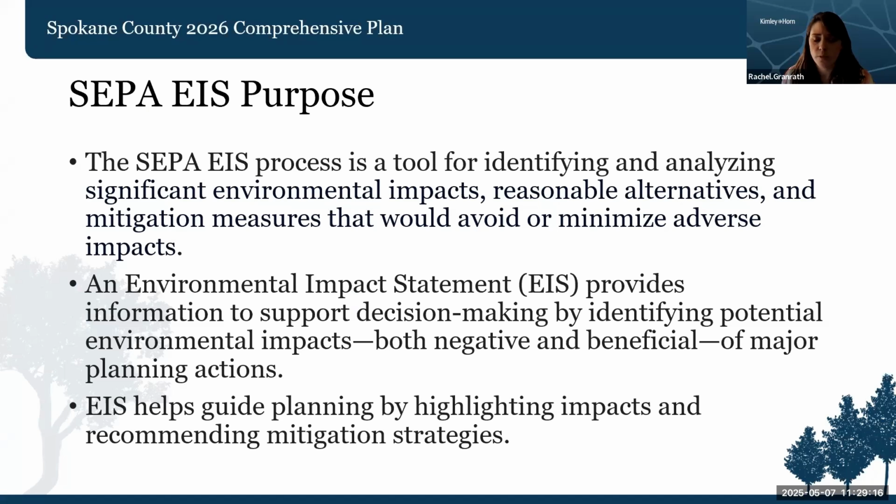This also provides a roadmap for our elected officials, and information to help support their decision making, to identify potential environmental impacts, whether negative or beneficial, of our major planning actions as we look towards growth over the next 20 years. Ultimately, it's a guide, highlighting impacts and recommending mitigation strategies as we look towards our land use.